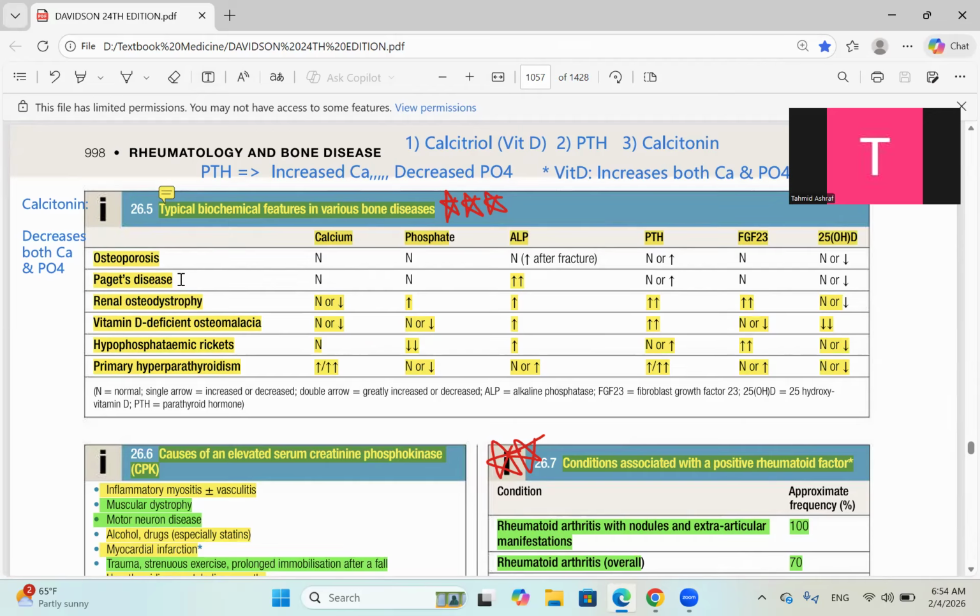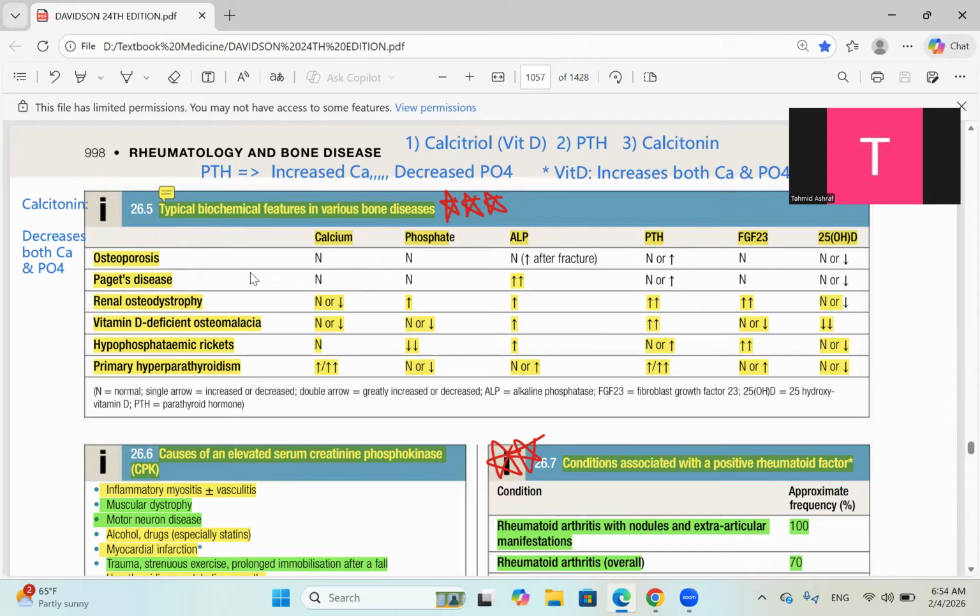So we'll start with osteoporosis. Osteoporosis is when we will find that someone's BMD score is minus 2.5 or below. And also in radiological appearance, we will see that the bone density is very much decreased in the X-ray. So then we can say that he is having osteoporosis.